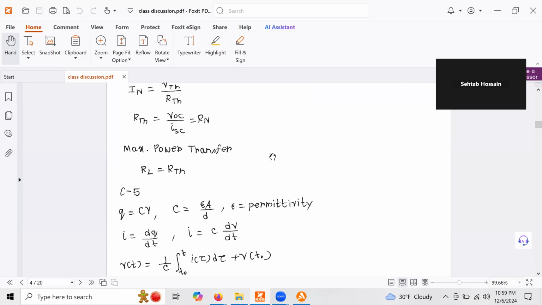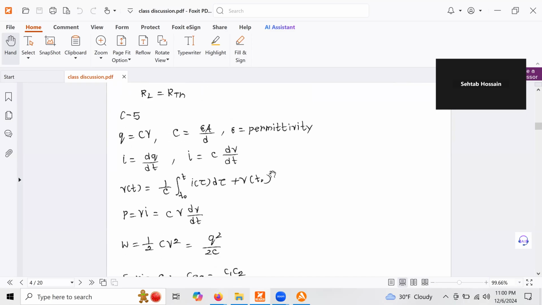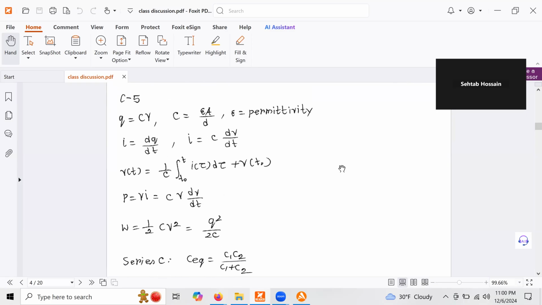So in lecture 5, we learn about the capacitor. A capacitor opposes the change of voltage, and it stores charge. So charge Q equals C times V, where C is the capacitance, which will be epsilon A over T. Epsilon is the permittivity.